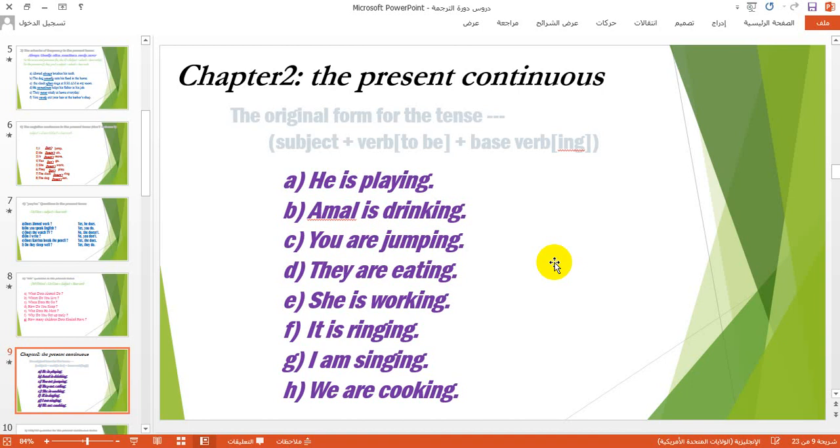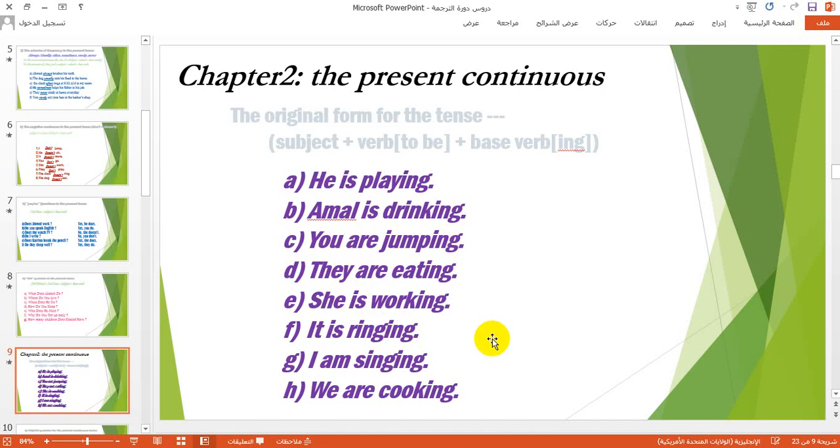As you see in the examples: he is playing, you are jumping, they are eating, she is working, it is ringing, I am singing, we are cooking.